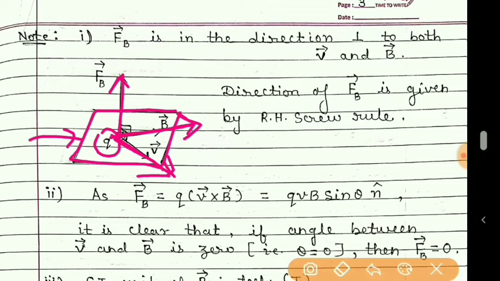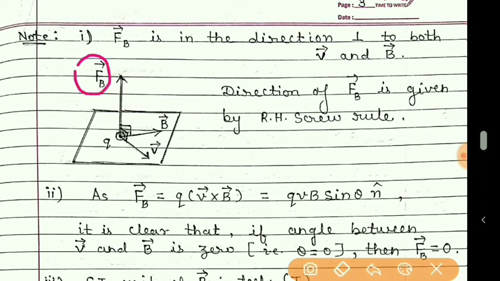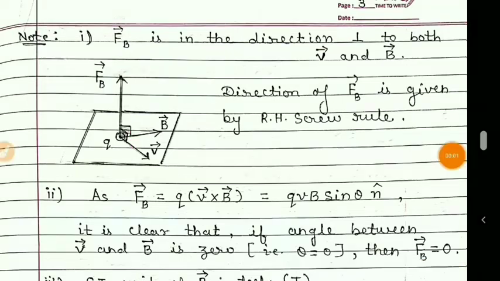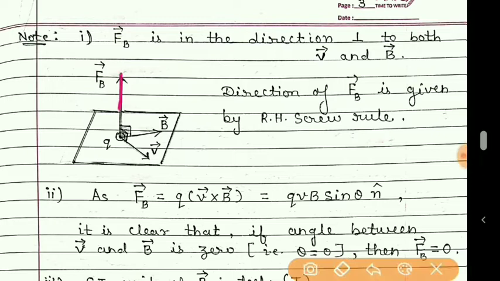So it is clear that force is perpendicular to magnetic field also, as well as it is perpendicular to velocity of the charged particle. That is, we can say that the force is perpendicular to the plane formed by velocity and the magnetic field.